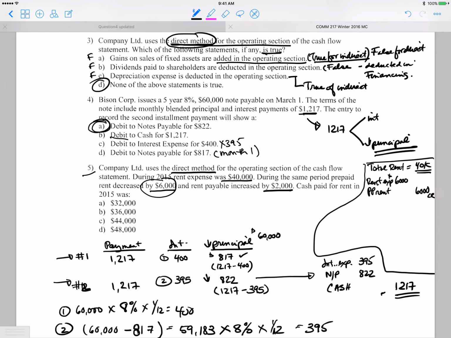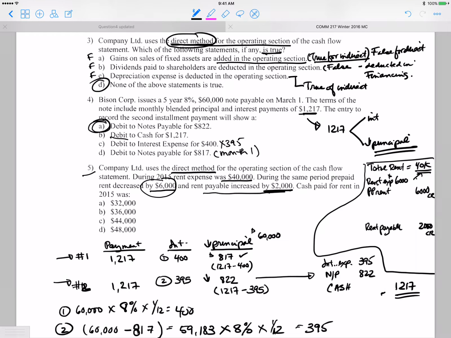So part of my rent expense for the year, which is included in this $40,000, was recorded by reducing a prepaid account, which means we paid this in the prior period. $6,000 of this $40,000 was paid in a prior period. That's what it means. The other $2,000: rent payable increased by $2,000, so let's just record that. Rent payable, $2,000 credit. That's what that means.